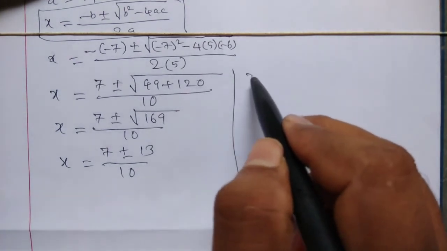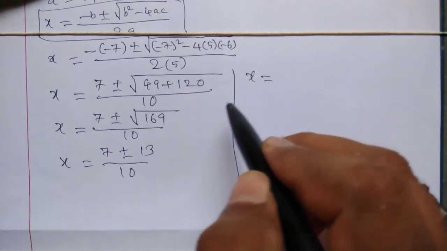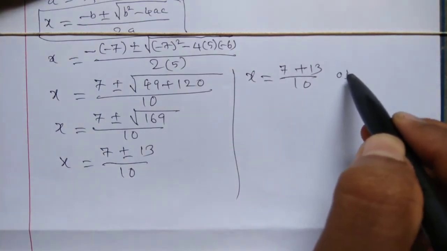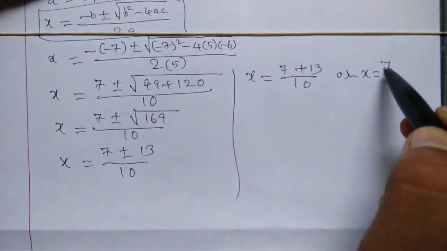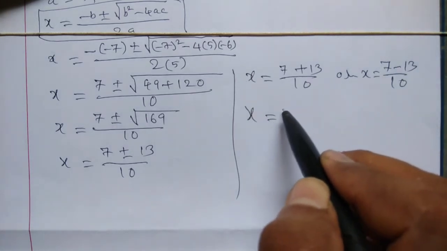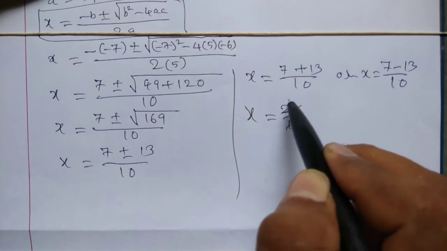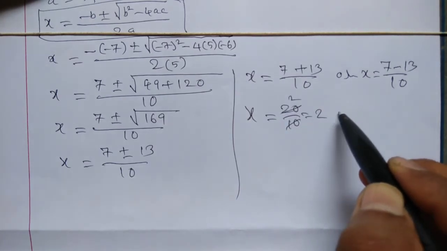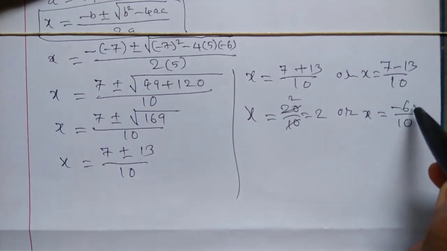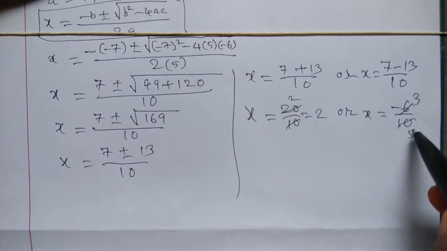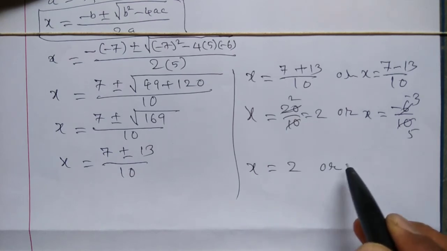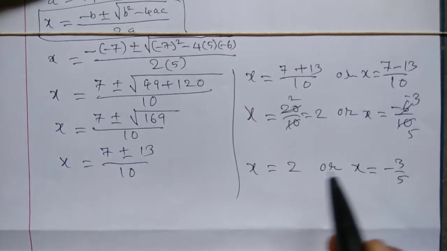Therefore, x is equal to 7 plus 13 by 10, or x is equal to 7 minus 13 by 10. x is equal to 20 by 10, that is 2, or x is equal to minus 6 by 10, that is minus 3 by 5.